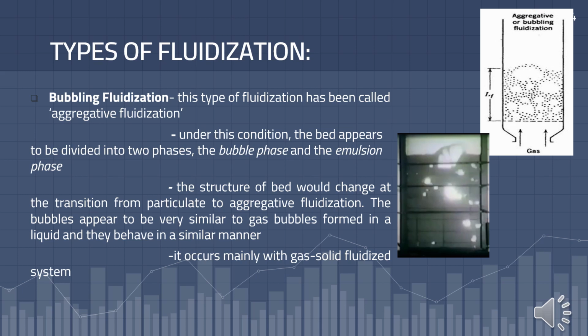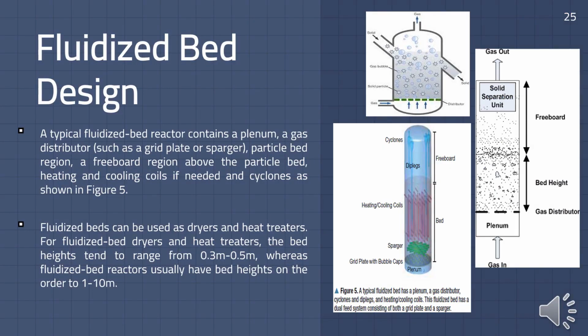At low gas velocities, the rising bubbles contain very few solid particles. The remainder of the bed has a much higher concentration of solids and is known as the emulsion phase. This type is called bubbling fluidization, and it occurs mainly with gas-solid fluidized systems.